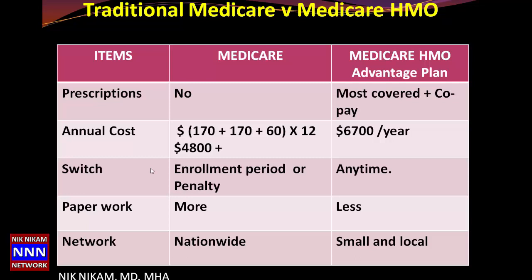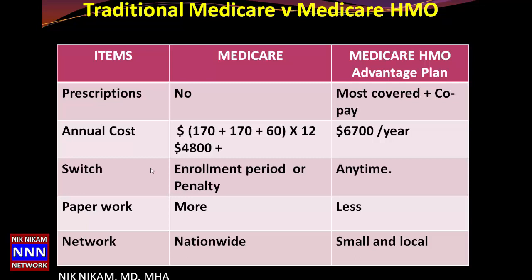In a nutshell, which is the best plan? It is an individual choice. Because if you look at cost alone, you remember that there is cost involved with Medicare and there is cost involved with Medicare HMO and Advantage plan. So the hidden cost may not be evident when you sign up, but when you start using your Medicare HMO or Advantage plan, then you will begin to understand.